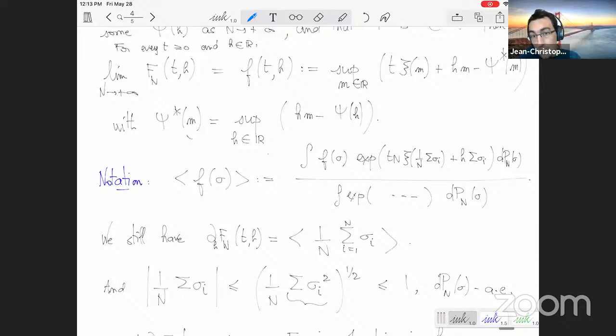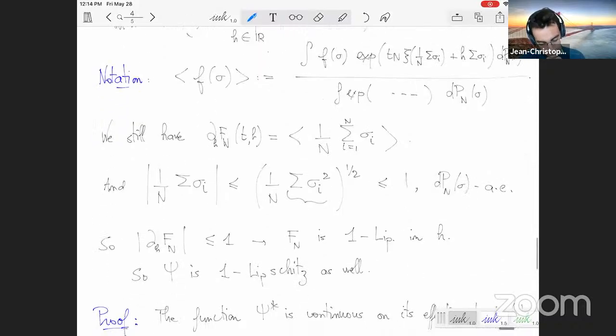So if it's continuous, then the supremum is achieved at some point, and it's slightly easier for me to argue knowing that the supremum is achieved at some specific m, although I could go without this. Also at the boundary, because psi star is the convex dual of something, it's lower semi-continuous, so it cannot have jumps at the boundary.